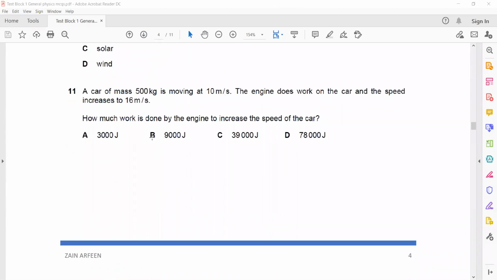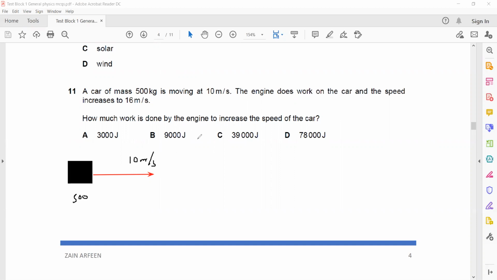A car of mass 500 is moving at a speed of 10. The engine did work and increases the speed to 16. How much work is done by the engine to increase the speed? So how much work is done, or how much energy is consumed? Initially the car was moving with mass 500 at 10 meters per second.